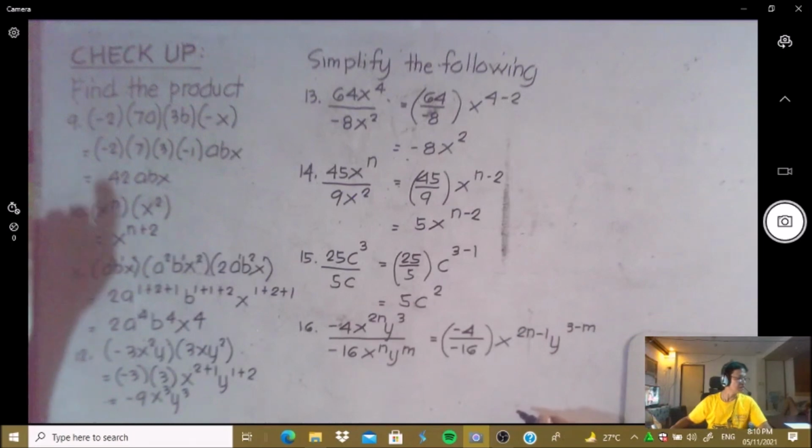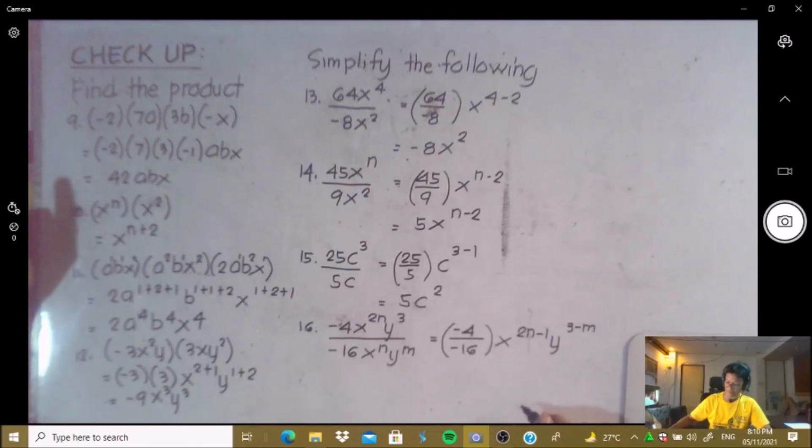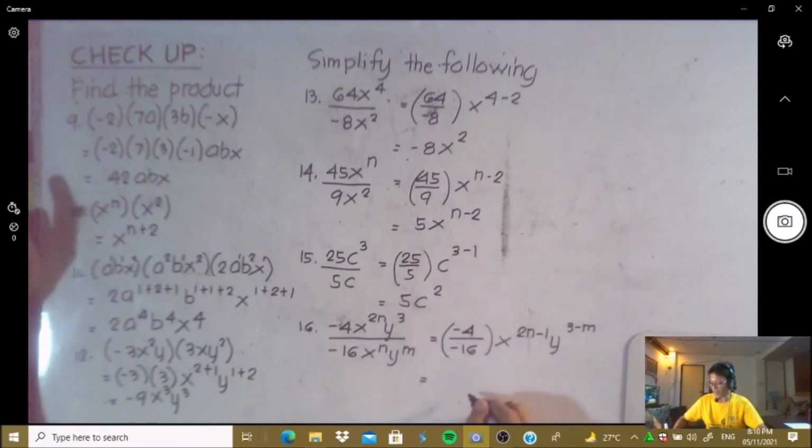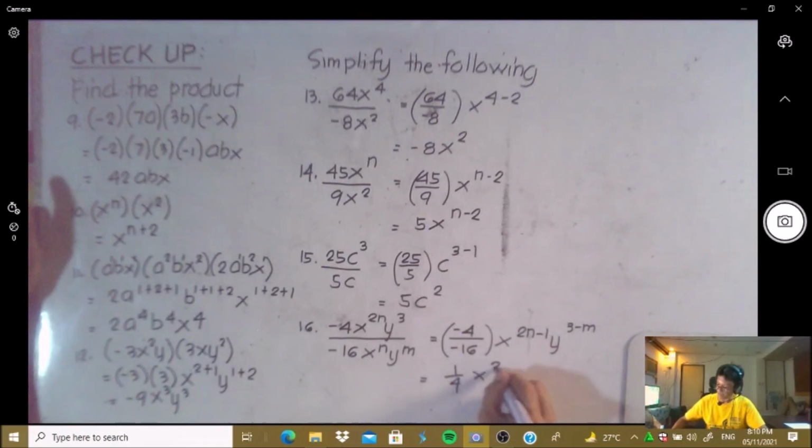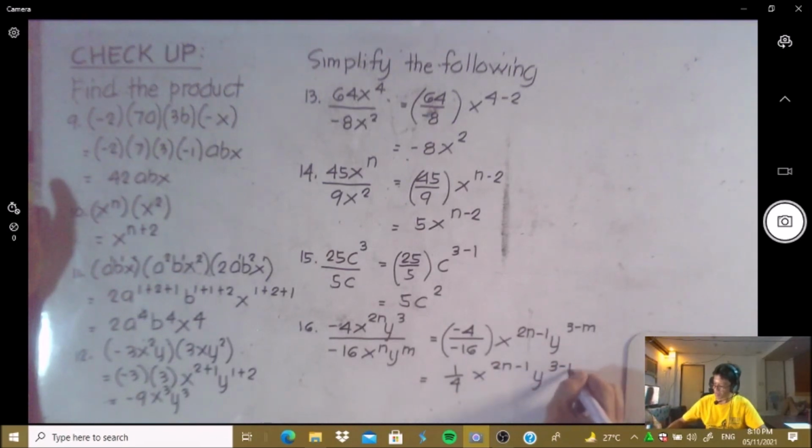Okay. So therefore, negative divided by negative is positive. Then we have 1/4, x raised to 2n minus n, then y raised to 3 minus m. Okay.